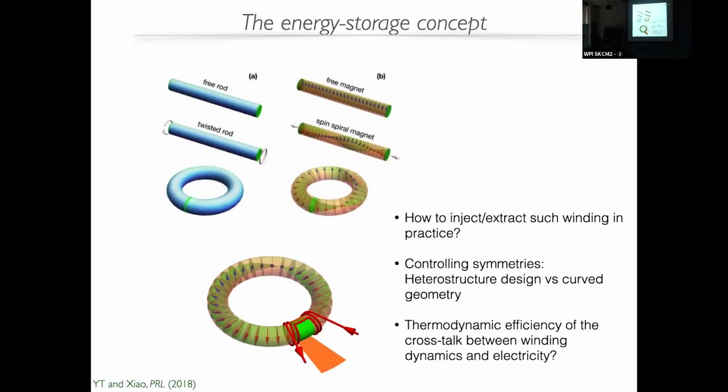Made out of magnetic material, where the order parameter locally has a strong easy plane anisotropy. Let's suppose for simplicity it's a vectorial ferromagnetic order parameter, even though that could be generalized to other types of order parameter, as long as the topology is the same.